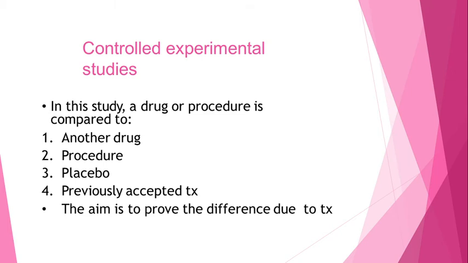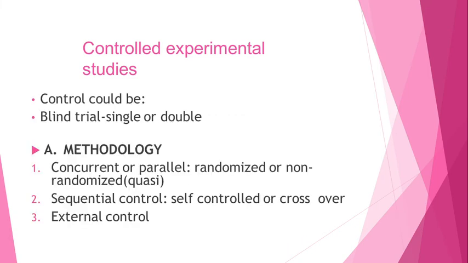Controlled experimental studies: in this study the drug or a procedure is compared to another drug, to another procedure, or to the placebo, or to the previously accepted therapy. The aim is to prove the difference due to the intervention, the change in the therapy. Control could be a blind trial, single or double.